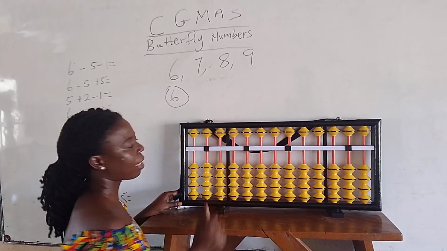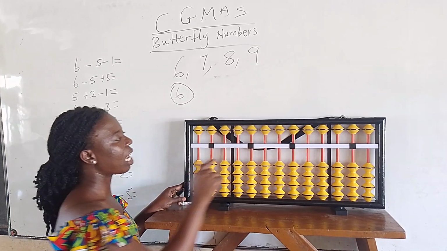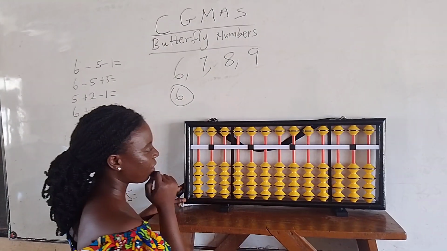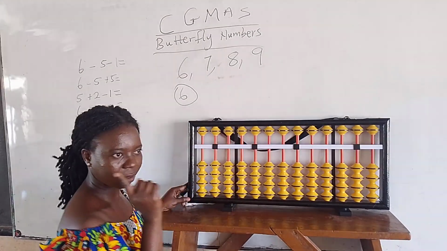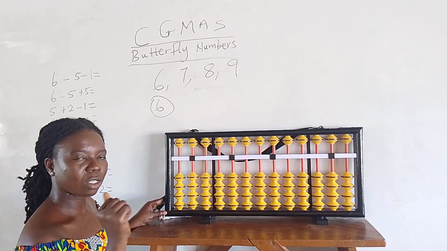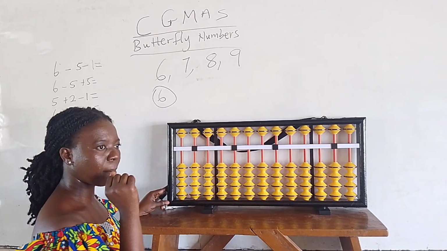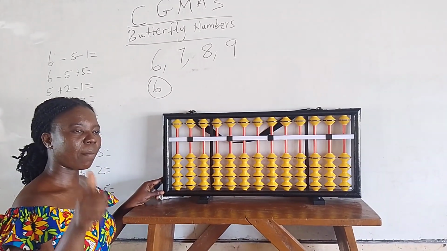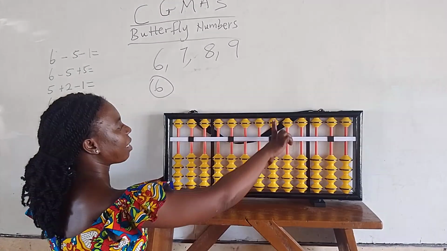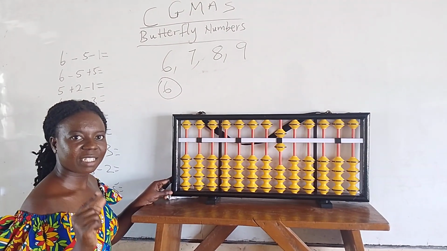Good. Now, I take my thumb and my index finger. I know that the value here is 5. The value here is 1. So, when we have 5 plus 1, what do we get? 6. Good. So, to get 6 on our Abacus too, take your thumb and your index finger and butterfly in. And then you have 6.